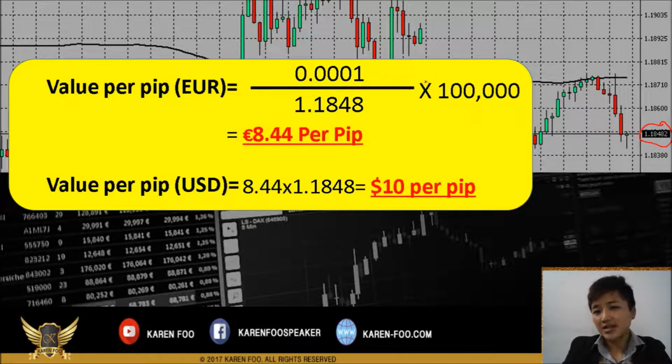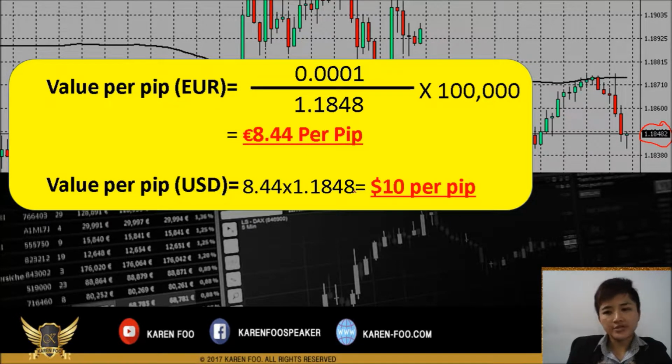Let's say one standard lot, 100,000 units divided by current price, which is 1.1848. So we ignore the last number, which is 2. And hence you get 8.44 pip. You will change it to US dollar, then you take 8.44 times current price, 1.1848, which is equal to $10 per pip.